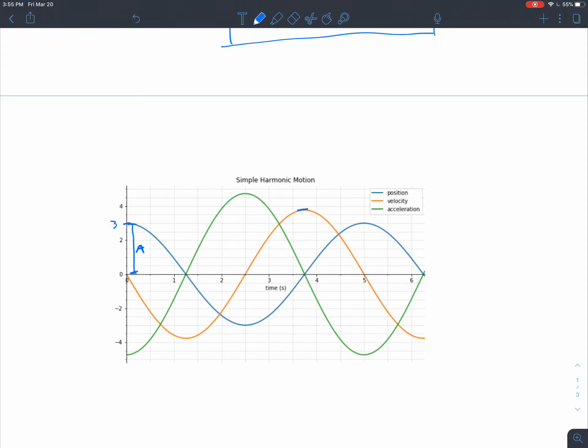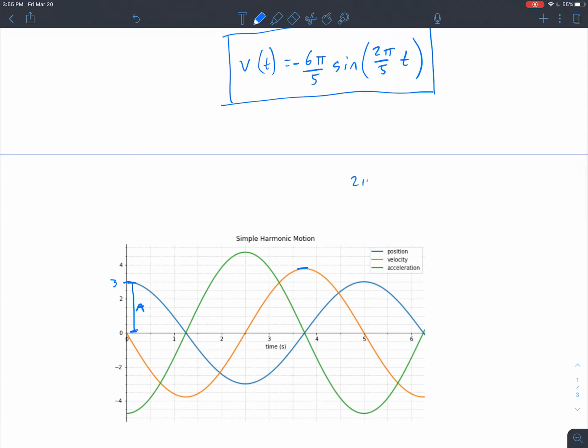So 2 pi over 5, which is a little greater than 1.2 or something like that. So it increases by a factor of 1.2 or something, somewhere around there. So this is omega, and then this is our acceleration. This is omega squared. Okay.